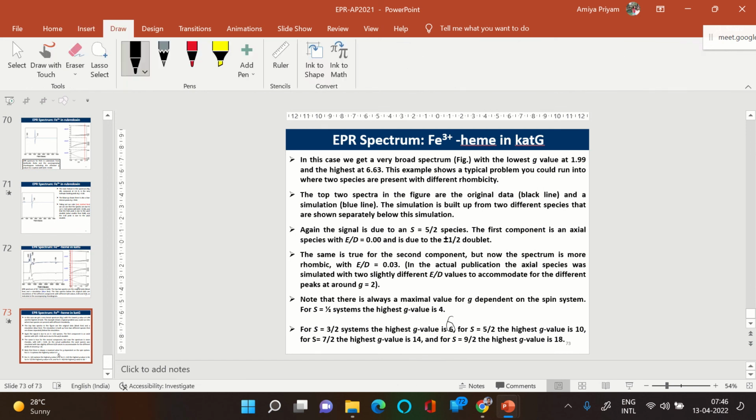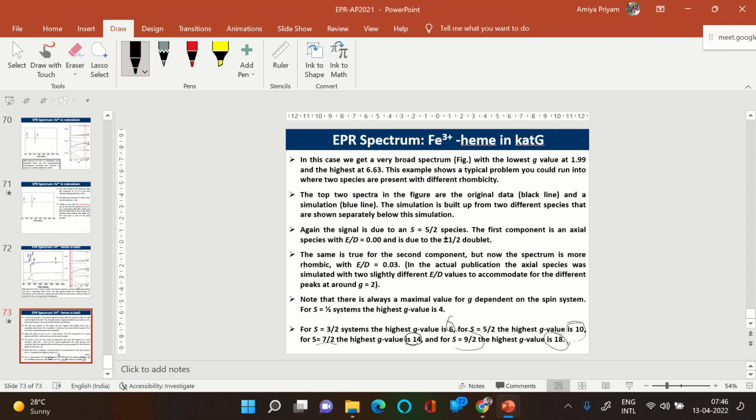So there is a limit to what g can be achieved for different spin systems. S equal to 5 by 2, maximum g value that can be obtained is 10, and like that. S equal to 7 by 2, you have 14, S equal to 9 by 2, it is 18. So what you are getting is 2S plus 1 kind of thing.